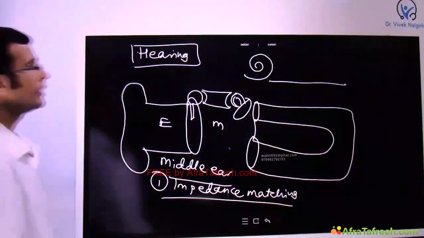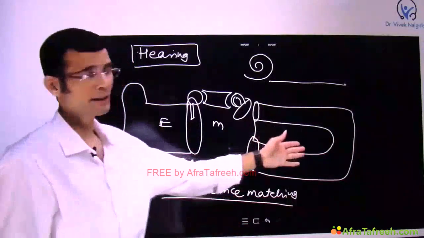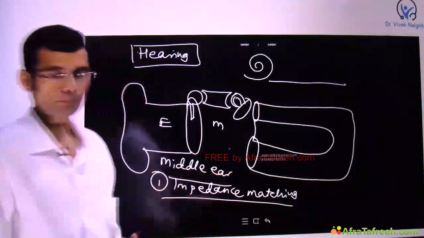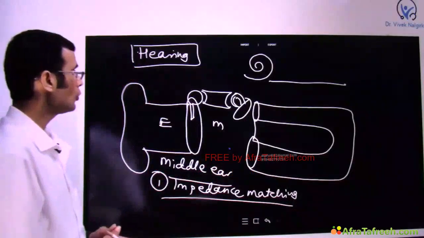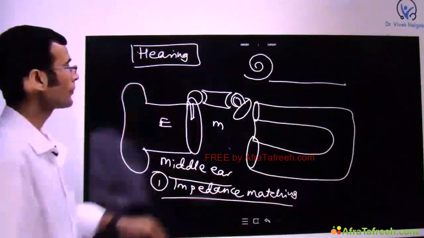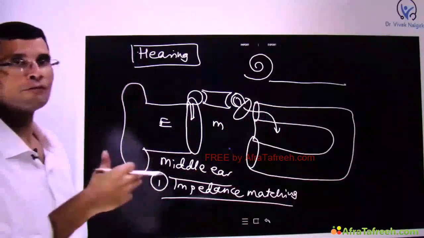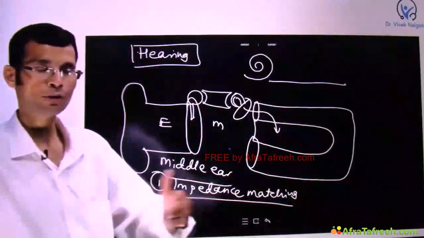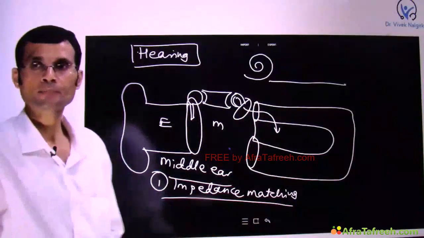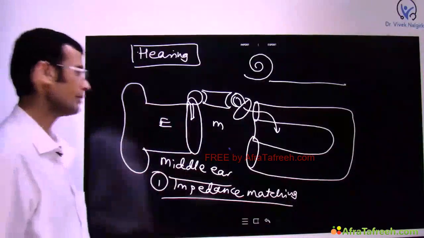You see, the receptors for hearing are in the inner ear, but they are bathed in a fluid in the cochlea. So sound waves have to first travel through the air, and then as they enter the inner ear, they have to move through the fluids in the inner ear. This is a kind of impedance mismatch, and this is rectified by the middle ear.